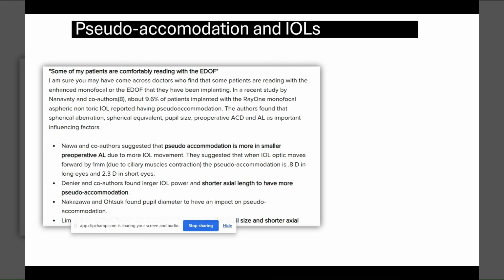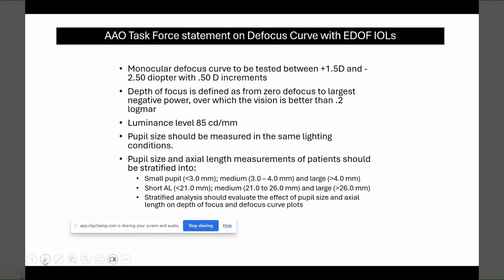They are just supposed to give you functional intermediate vision, but some patients can still get good near if you have a very short axial length, or axial hyperopia, or a very high powered IOL. Then you have a higher amount of pseudo accommodation. Of course, we know that a smaller pupil size also gives a better depth of focus.